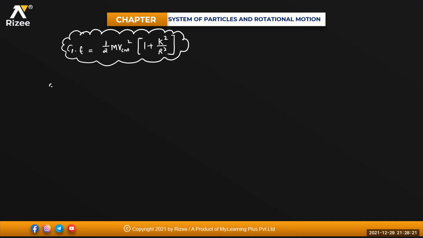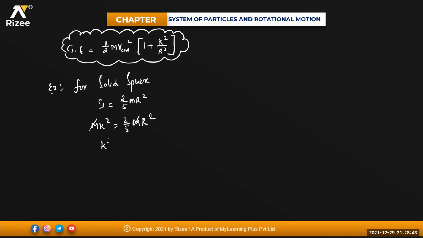Okay. Example, for a solid sphere. What is the moment of inertia, beta? I is equals to 2 by 5 m r square. I is equals to m k square, that is 2 by 5 m r square. m and m get cancelled.